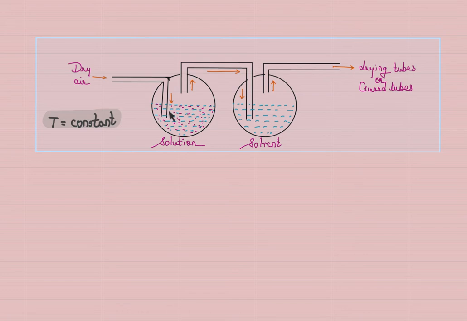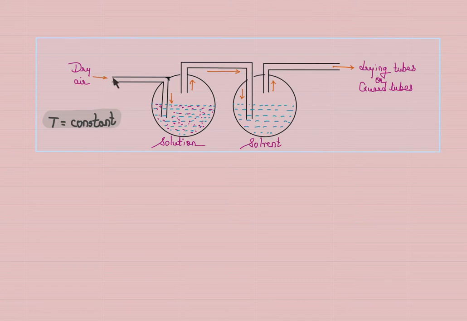So the mass of this solution inside is known. And this is another bulb which is connected to it. Again, this bulb has only solvent, and once again the weight of the solvent is also known, right? So before commencement of the experiment, we know the weights of the solution and the solvent here, right?